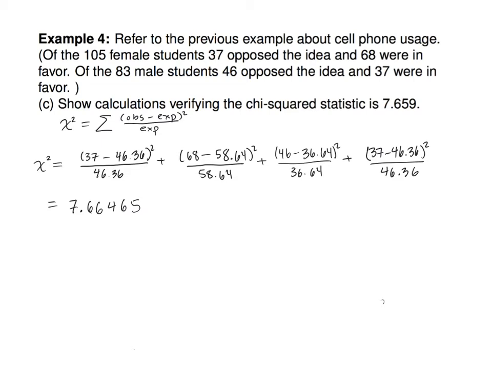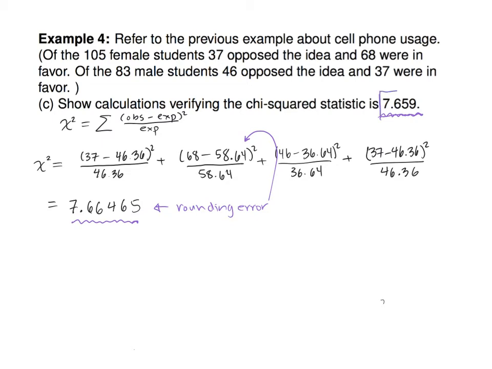Now something that you should be aware of is that we were trying to show that the chi-squared value was 7.659, and we got something a little bit different. So don't freak out. The reason this happened is something called rounding error. It turns out that rounding these expected values to even just 2 decimal places will give you a different value than if you kept more digits.